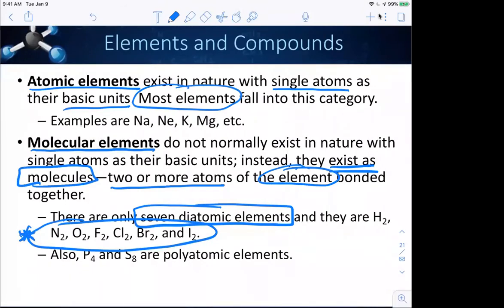When we start doing reactions, if something reacts with chlorine, it's reacting with Cl2 because that's how it's found in nature. It is not reacting with just Cl. So these are critical.